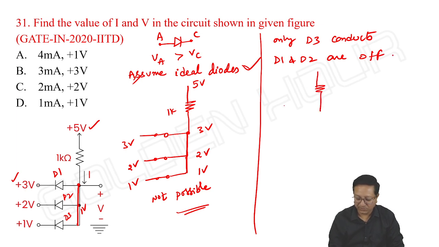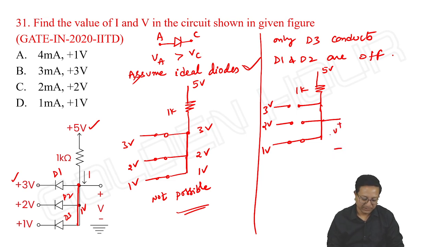What is the equivalent circuit? I need not write all those things, it looks kiddish. 3 volts, 2 volts, 1 volt, 5 volts, 1 K. It is mentioned V is the voltage with respect to ground, and this current I. So what is V?